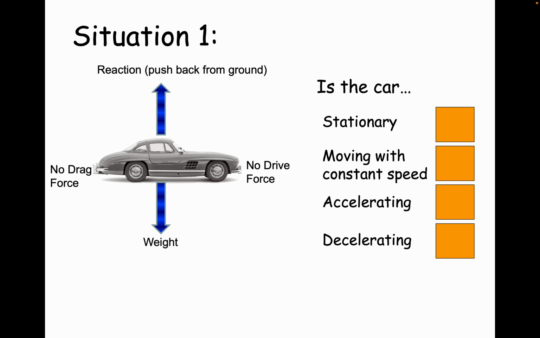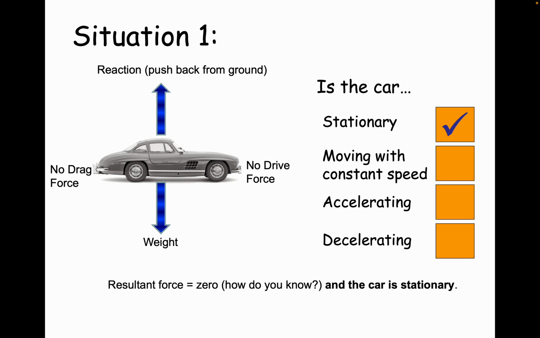Now you can see there's no drag force and no drive force, so what will the car do? In this case, the forces on it must be balanced, so the answer is stationary. How do we know that it's not moving? The resultant force is 0 and the car is stationary. If it was moving, there must be a drag force, because any moving object creates a drag force.